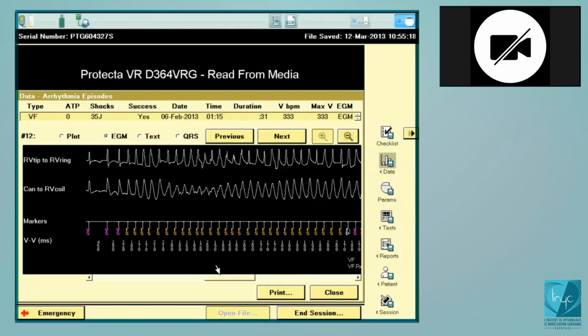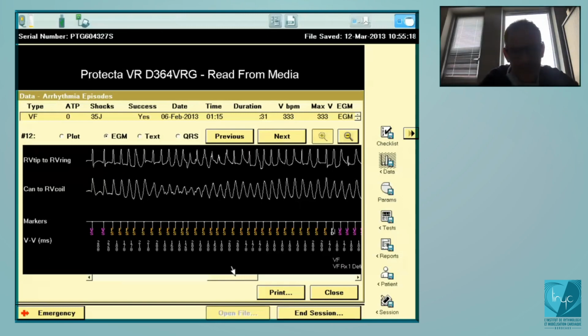It analyzes the interval, which is the current interval.